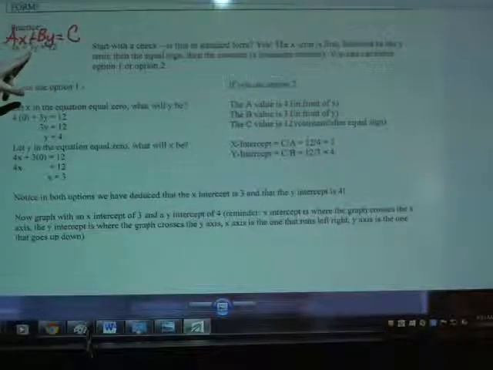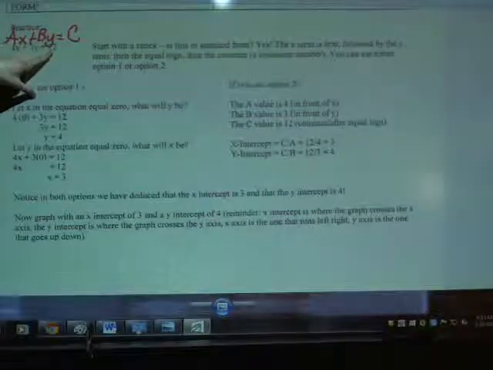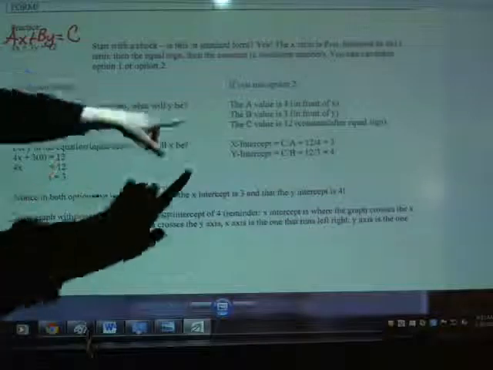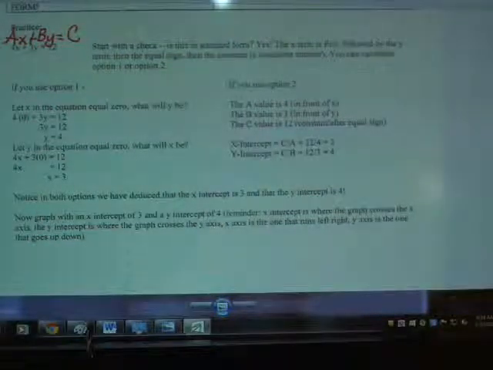B in the equation is whatever's in front of y, 3. And if this were to say minus, we treat it like negative. C here says 12. So the C value is 12. Once you identify A, B, and C, it's 2 calculations to find the x and the y-intercept.